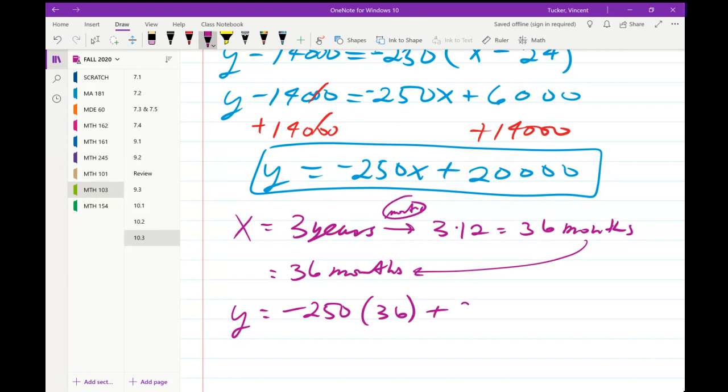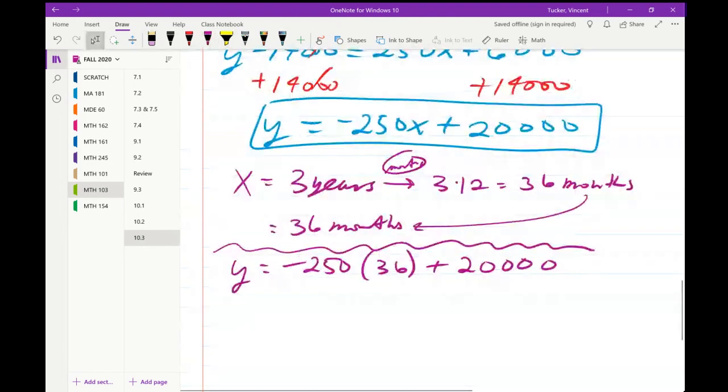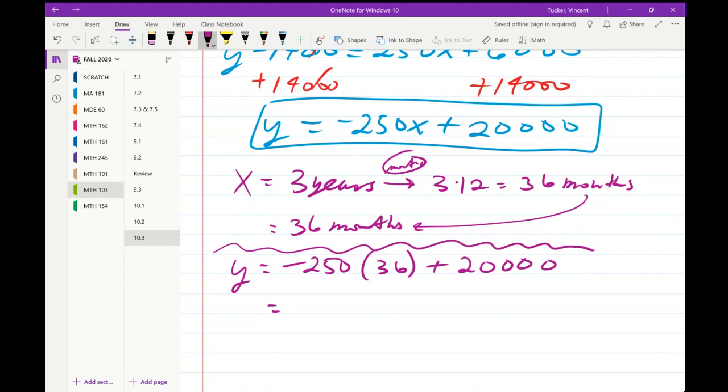Once you have that, you can go ahead and plug it in to the equation. y equals, so that's negative 250 times 36 plus 20,000. And I can go ahead and multiply that out.